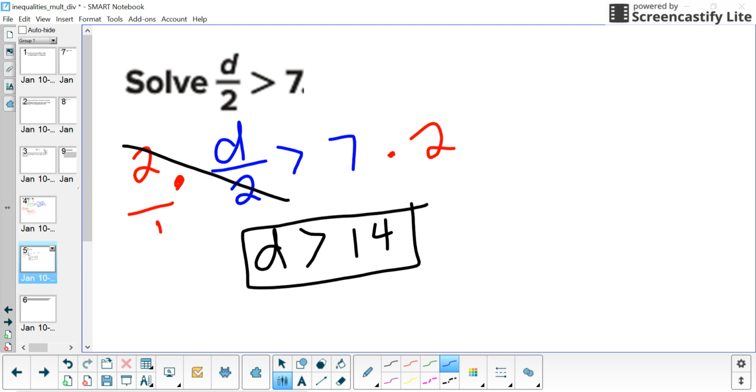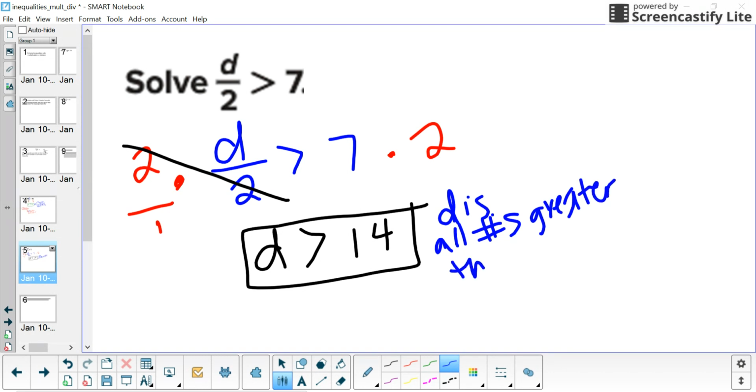And now here we can actually check. So when we go to check, d is all numbers greater than 14. So when I check, I'm going to plug in any number that's greater than 14. So I'm going to plug in, I don't know, 20.